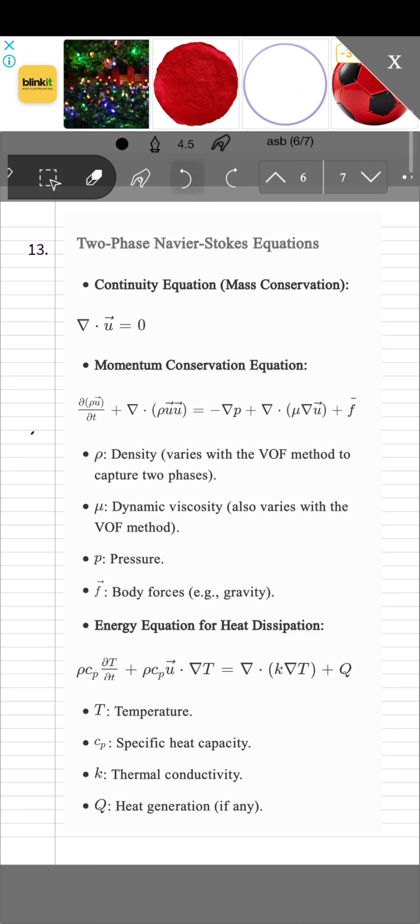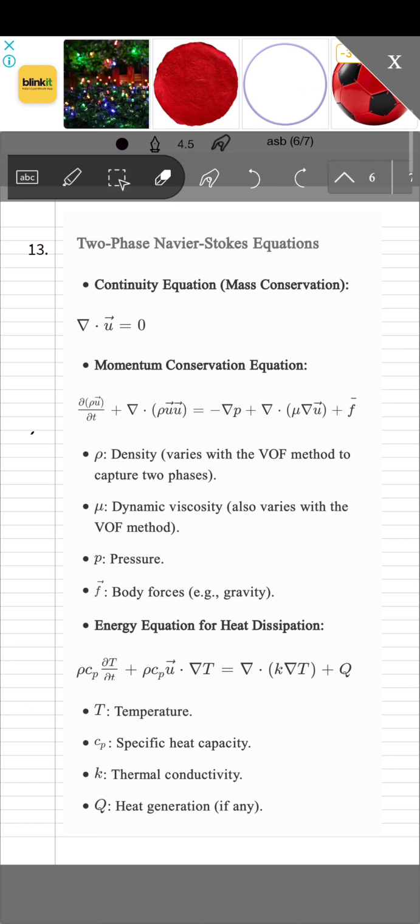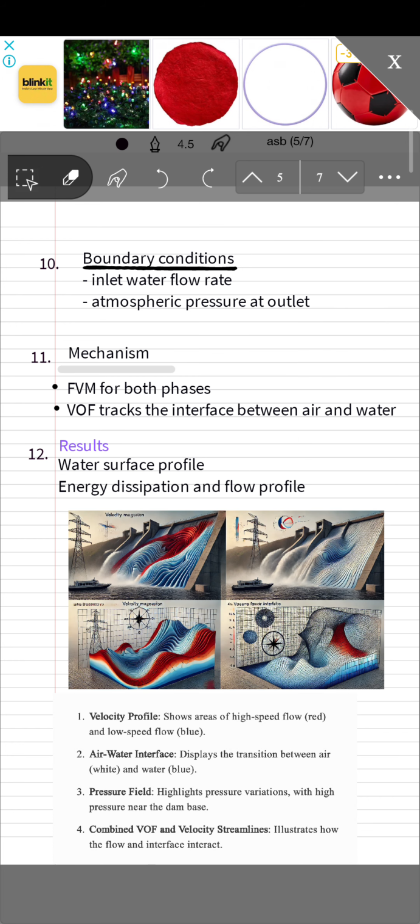Now, using all these parameters, informations or tools, we can computationally see what my flow looks like. For example, here there are two boundary conditions.